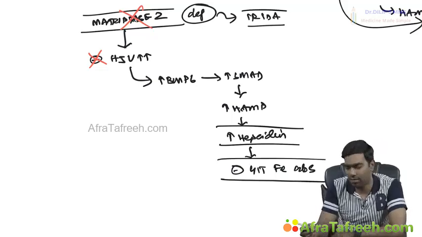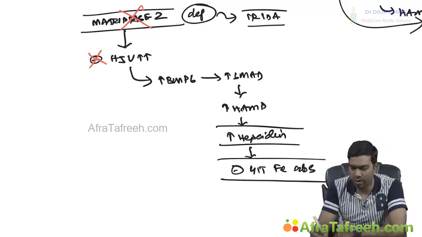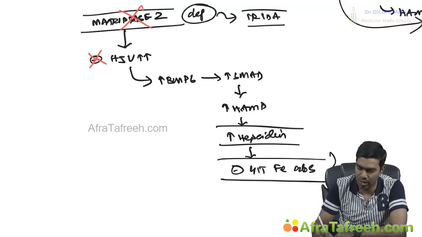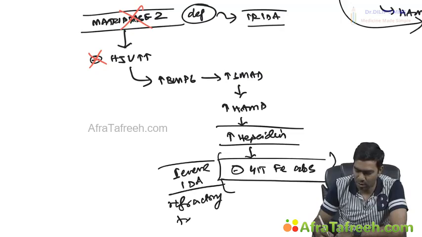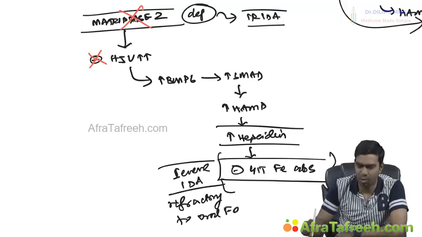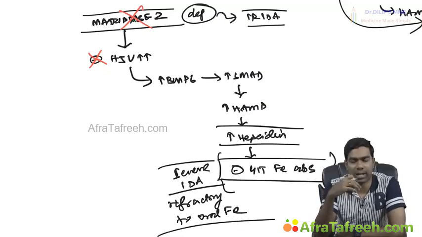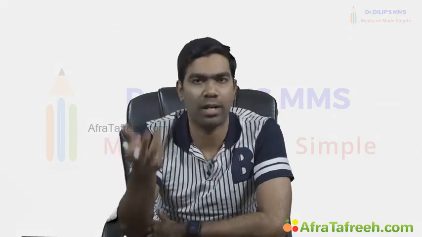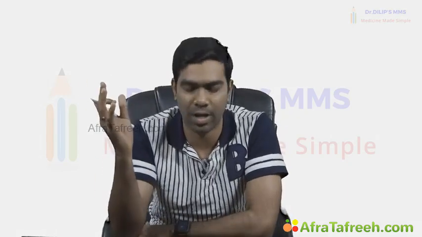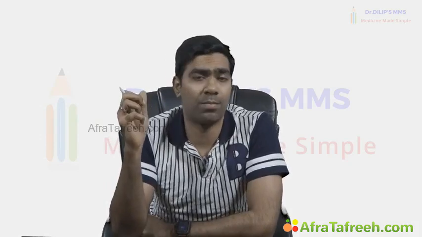Completely block the GIT iron absorption. So if you have a completely blocked GIT iron absorption, no matter what, this patient is going to have a severe iron deficiency anemia, and it will be refractory to oral iron. It's not going to respond to oral iron at all because no matter how much iron you give, it cannot be absorbed because your hepcidin is blocking the portal for absorbing iron, that is the ferroportin. It's impossible to have iron absorption from the GIT.